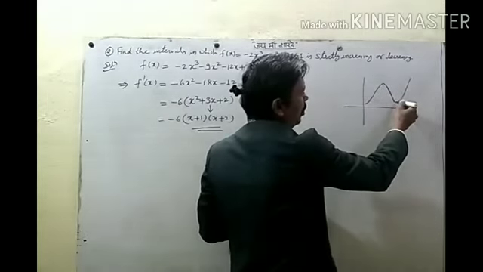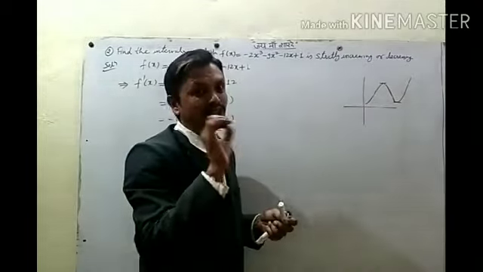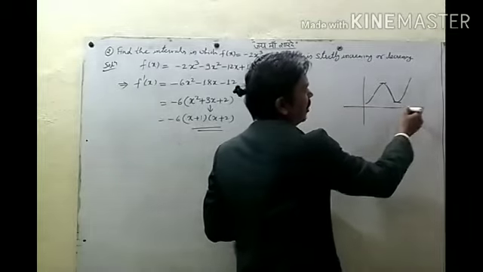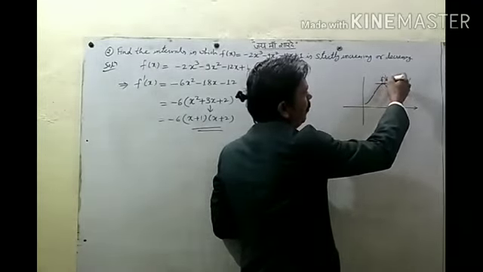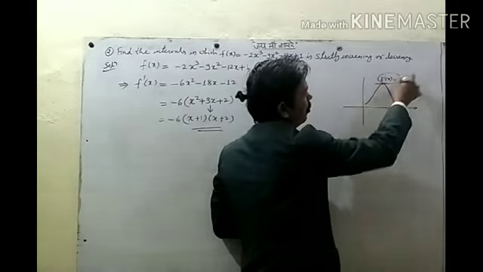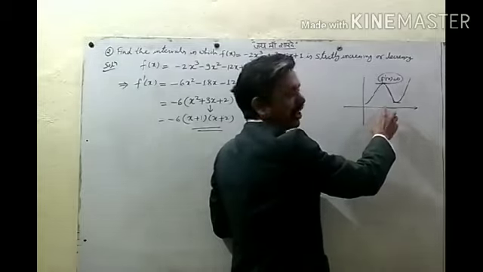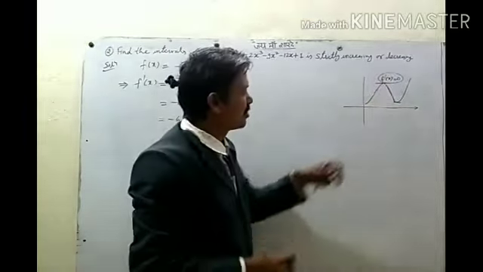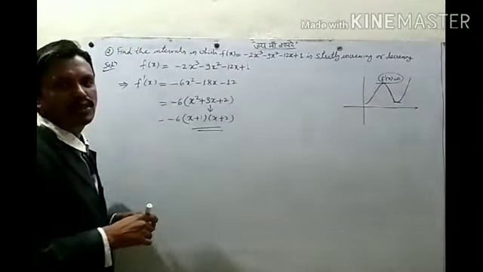So we are finding at which point, if we draw a tangent to this curve, it will be parallel to the x-axis. Its slope, that is f dash of x, will be 0, because its slope and the slope of the x-axis are the same, and the slope of the x-axis is 0. So f dash x will be 0. So we are finding at which points this derivative becomes 0.